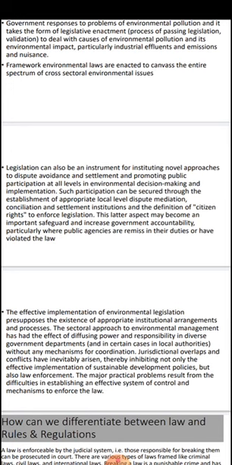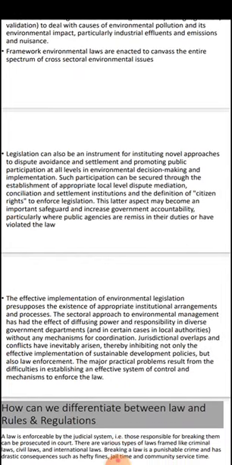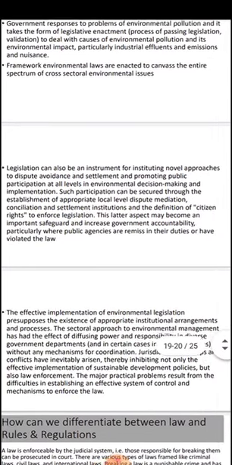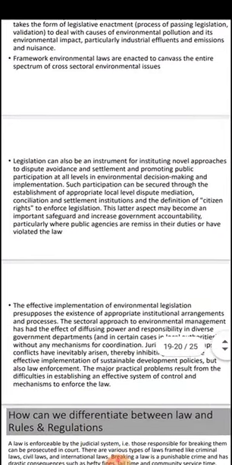Such participation can be secured through the establishment of appropriate local level dispute mediation. Again, I think it is self explanatory. If you go through it, it can be very helpful.